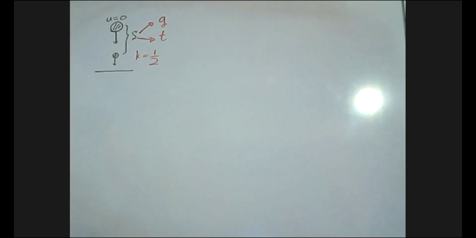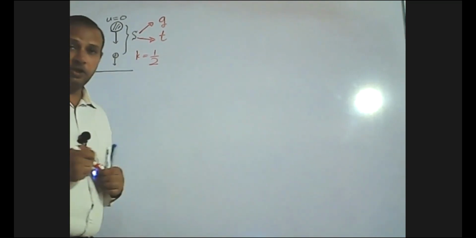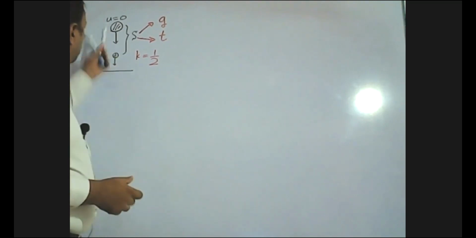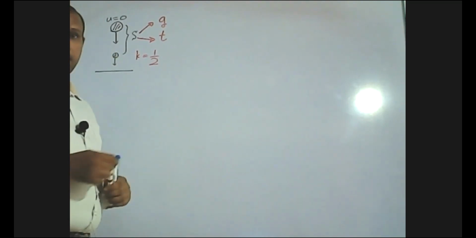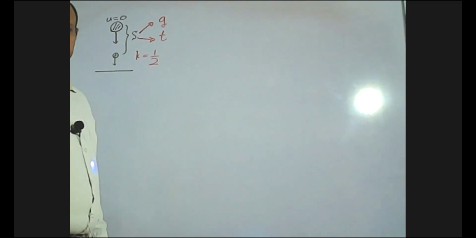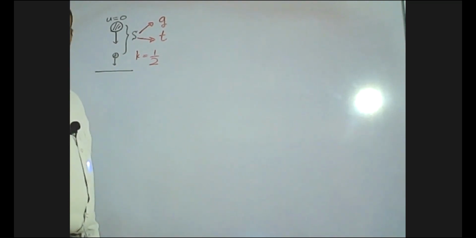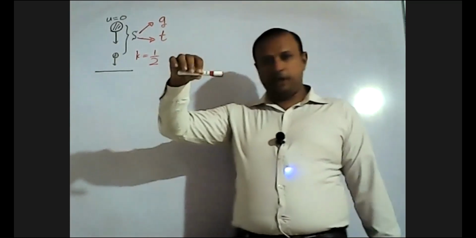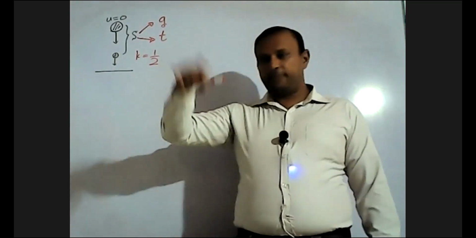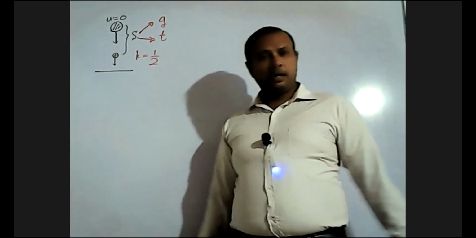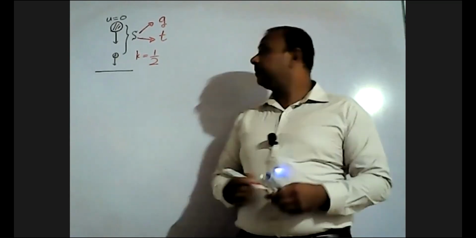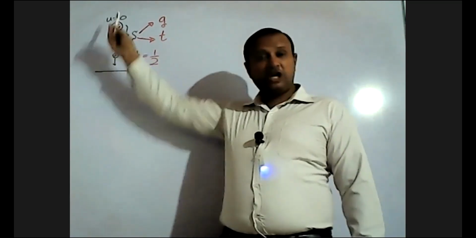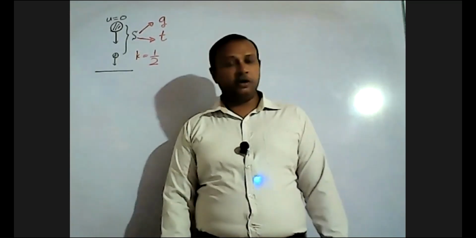This is the data given in the question. A freely fallen object means if I drop an object, something like this, it is called a freely fallen object because its initial velocity is 0.